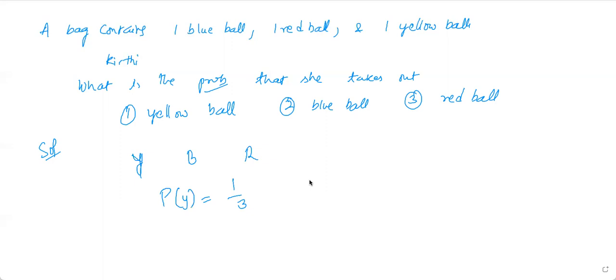And similarly, the probability of a red or blue ball would also be equal to 1/3. So P of B is 1/3, and P of R is 1/3.